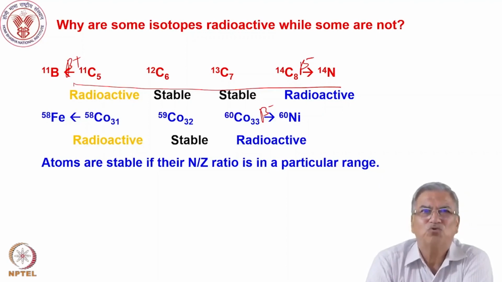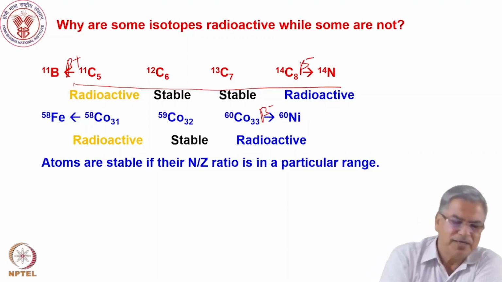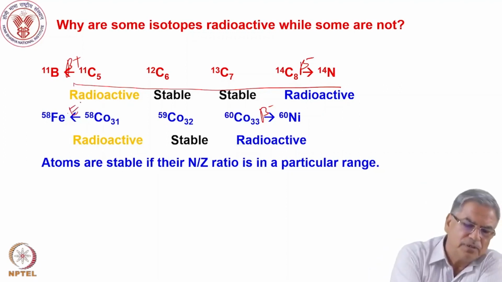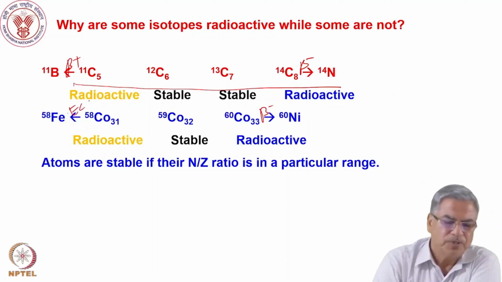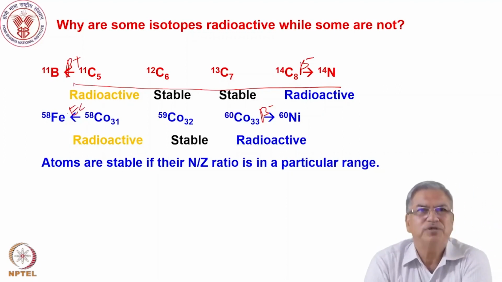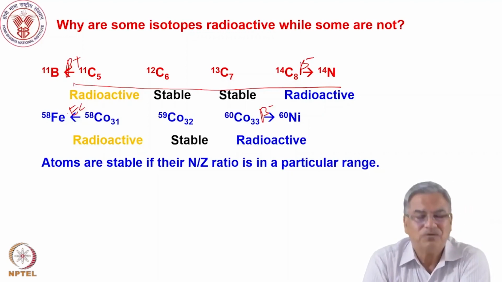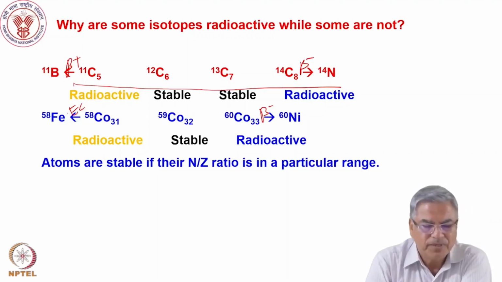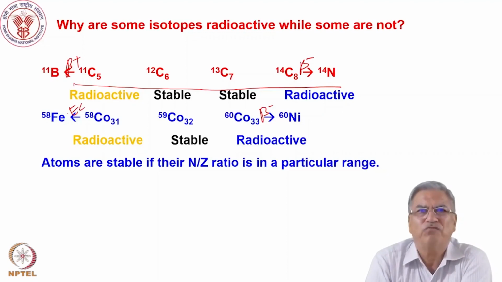You remove one neutron from cobalt 59, you form cobalt 58, and it becomes radioactive. Cobalt 58 undergoes electron capture decay; we'll discuss that later on. So you can see that if I alter the neutron to proton ratio of a nucleus, the nucleus becomes radioactive.